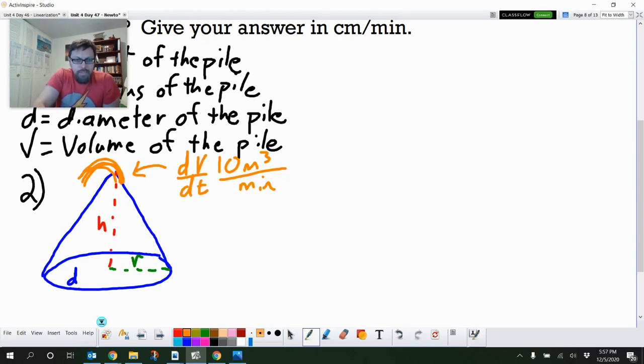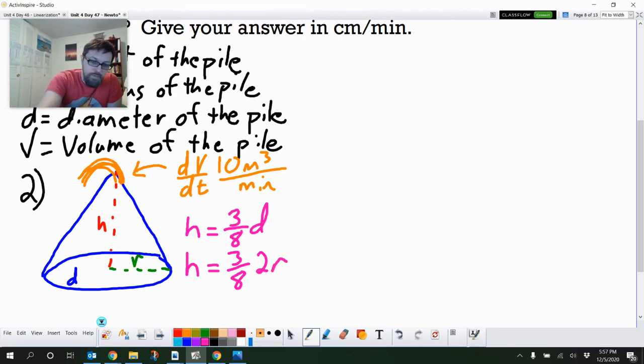Next, we should probably get that 3/8. So there's that relationship between the height and the diameter. We know that the height is always 3/8 the diameter of the pile. And we can make this included with radius. This is what I was talking about earlier, because our diameter is always 2 times our radius. I was doing that wrong.